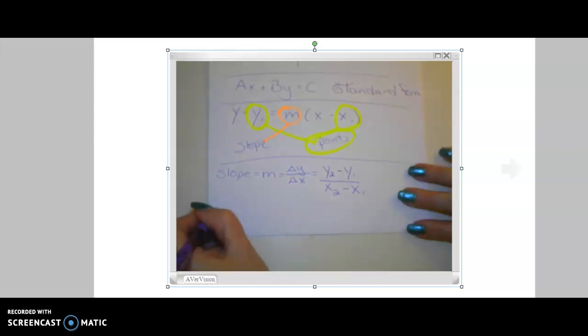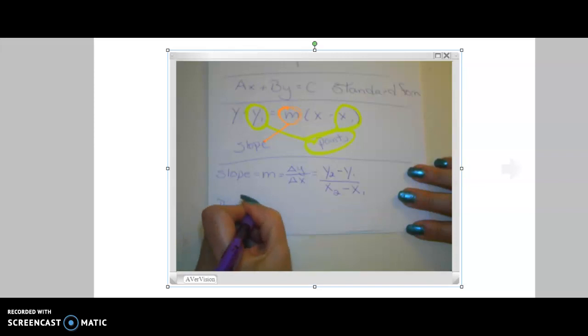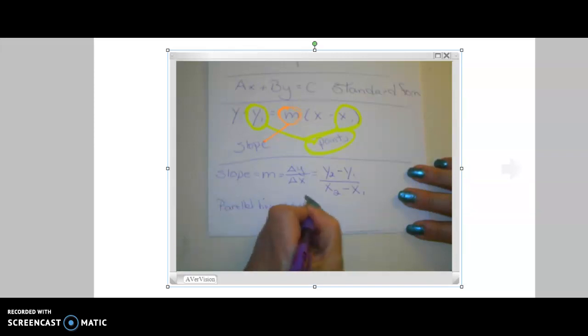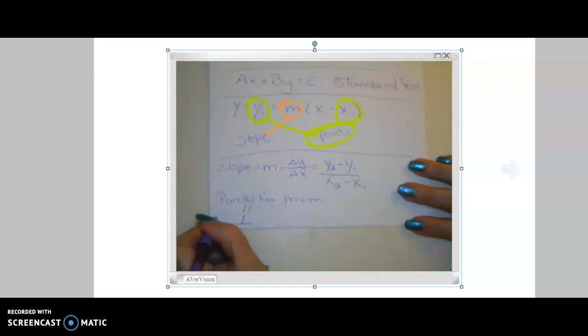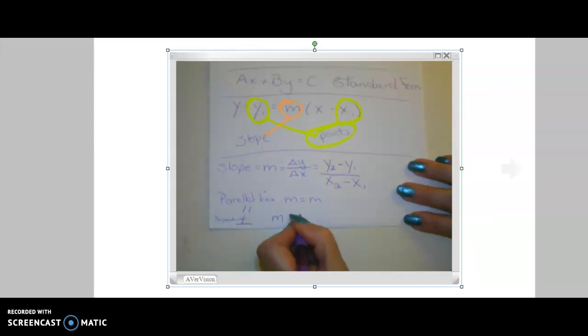If we have parallel lines, our slopes are equal. Perpendicular, and we usually make a symbol like that for parallel, and make a symbol like that for perpendicular. And perpendicular lines are negative reciprocals of each other. So one's going to be m, and one's going to be negative 1 over m.